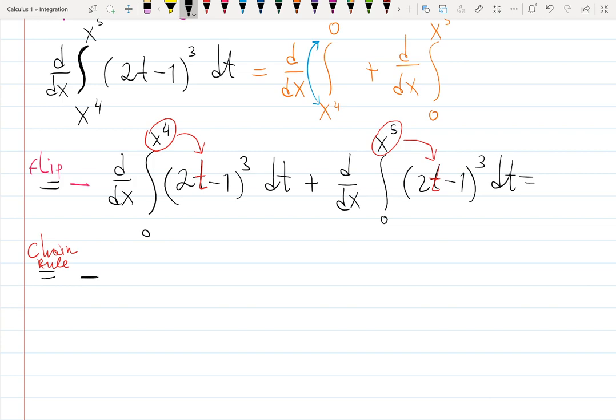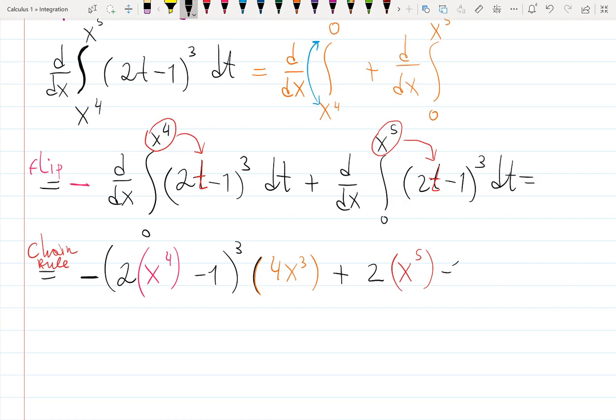The first derivative of the integral has a negative sign in front of it because we flipped it, and it's going to be 2, and I'll put in a red color, x to the 4 minus 1 all cubed, not squared, cubed, times the new piece in orange, the derivative of the function of the upper limit, that's going to be 4x cubed, plus 2 in red color, plugging x to the 5 minus 1.